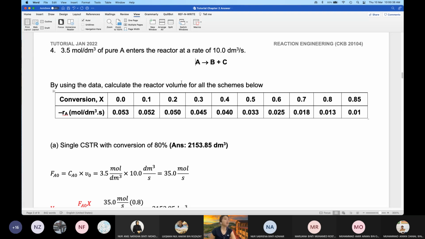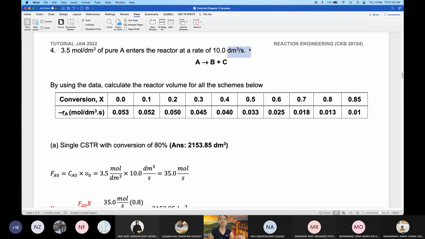Next one, a rate of 10 dm cube per second. Again, dm cube per second, its dimension is volume per time. You know volume per time is the volumetric flow rate. They said this is the initial, it enters the reactor. So V0 is 10 dm cube per second. I use V0 and epsilon, the same volumetric flow rate, V0 10 dm cube per second.